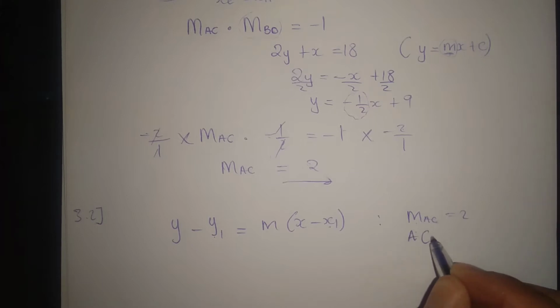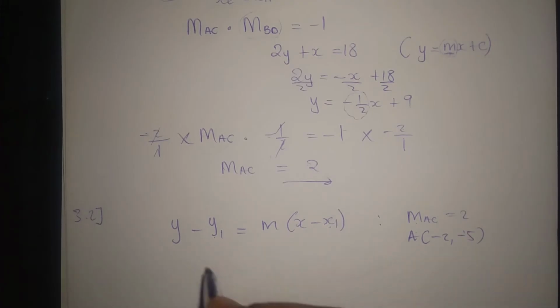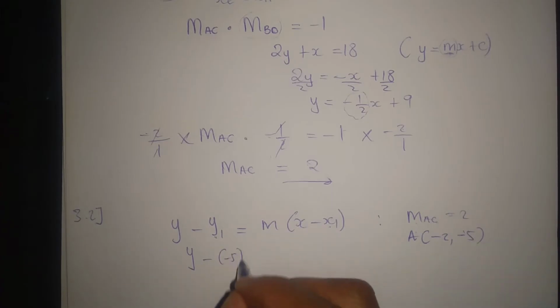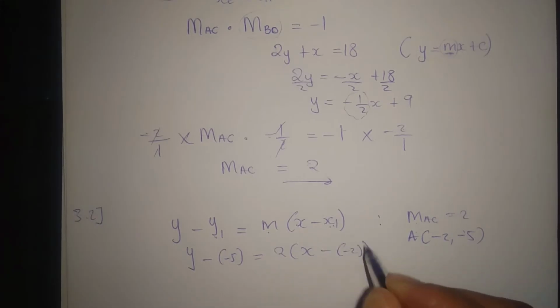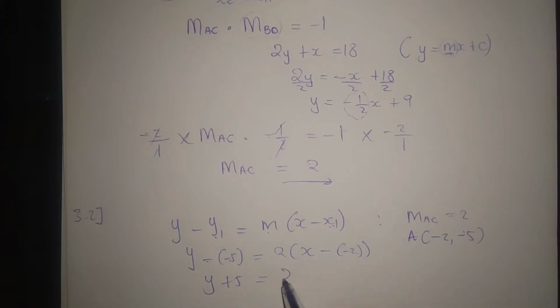It's at a point A, minus 2 and minus 5. Therefore, we substitute these two values to calculate the equation for this line. So y1 is minus 5, gradient is 2, x1 is minus 2. So y plus 5, 2 times x, negative and a negative is positive. So y plus 5 is equal to 2x plus 4.